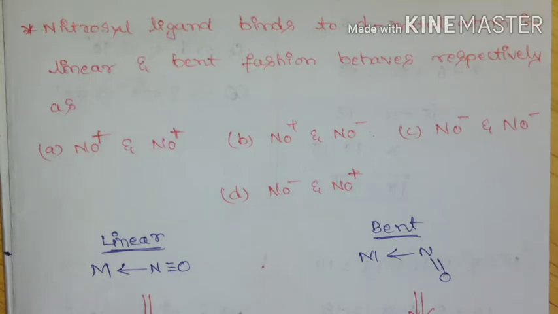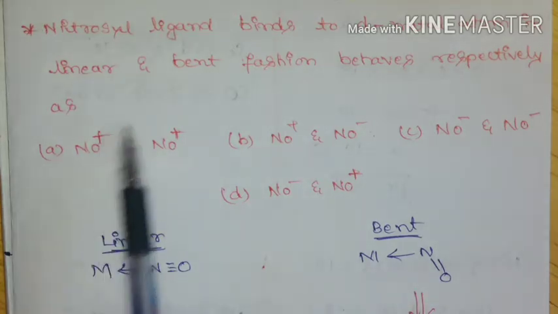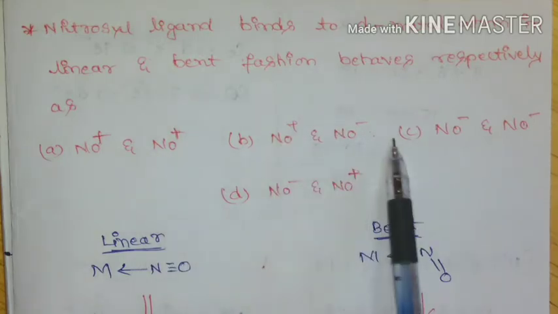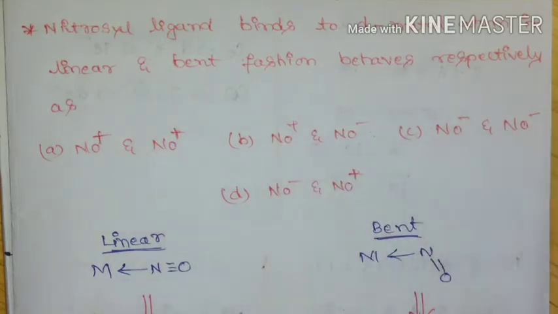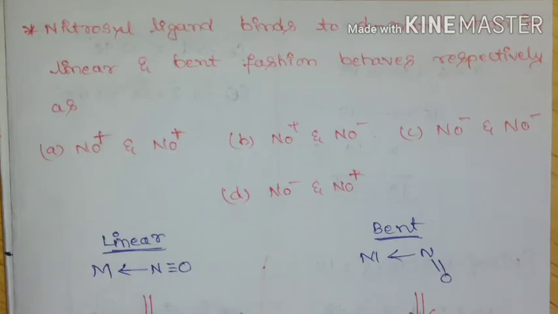In this question they asked about the linear and bent fashion of NO, whether it is going to carry a positive or negative charge. The options given are: NO+ and NO+, NO+ and NO−, NO− and NO−, NO− and NO+. We need to choose which is correct for linear and bent fashion.